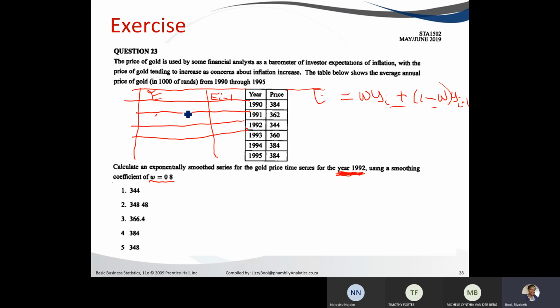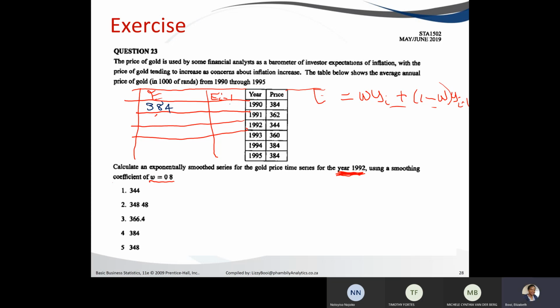So this will be 384. And then we go and start doing, oh, actually not there. I'm putting it on the wrong side. Not at the E1, but here on our exponential. 384. So now we need to calculate for the second one.